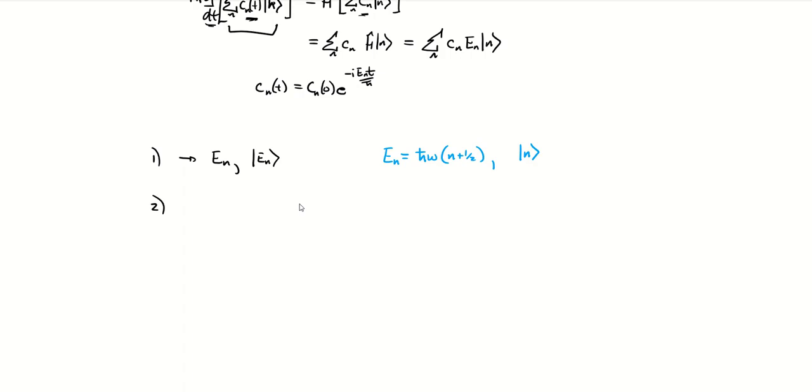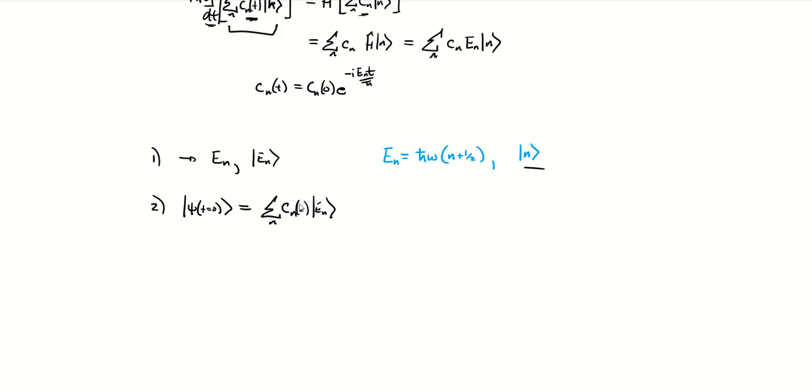The second step was to take our state function at t equals 0 and cast it in terms of those energy eigenfunctions. So this is Cn at t equals 0 times En.